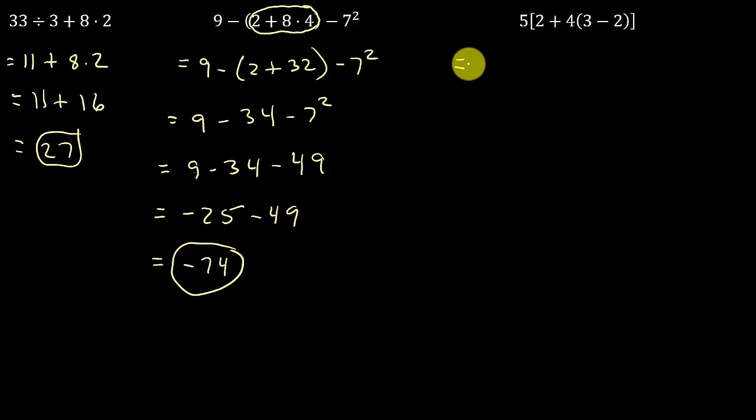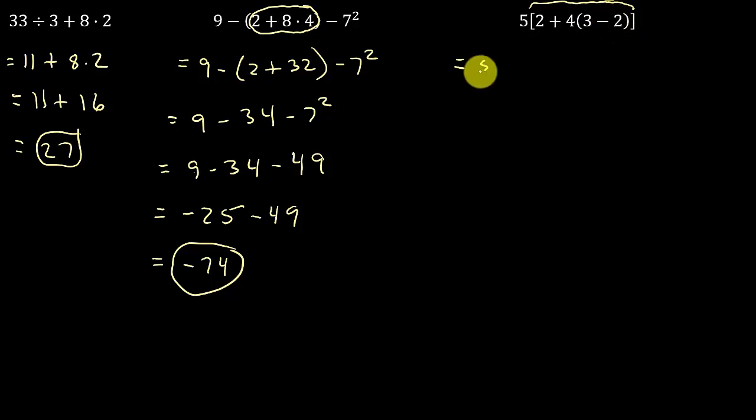All right, so we work inside the parentheses first. But remember what it said. You start with the innermost and work your way out. So I'm going inside the grouping symbols here. Okay, and when I get in here, well, I've got to work inside the parentheses here first.